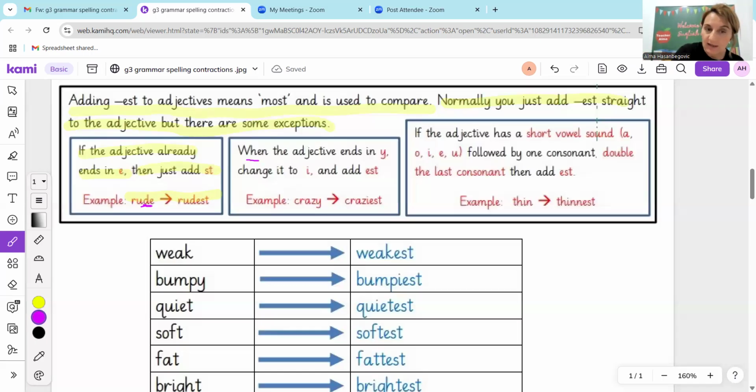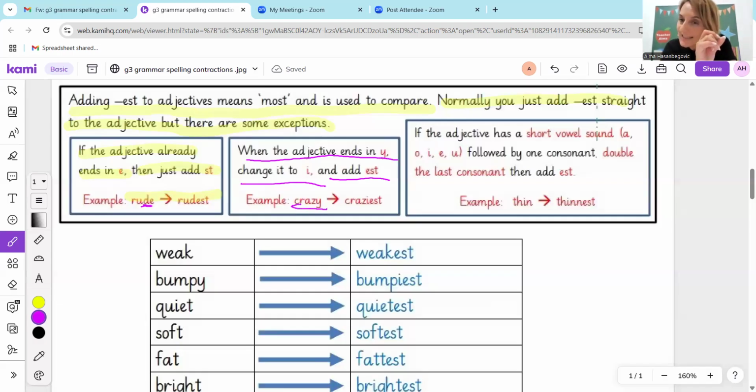When the adjective ends in y, we change the y to an i, and then we add est. Now, this is a tricky one. Here's an example. Crazy.